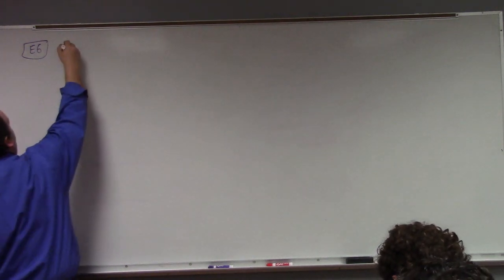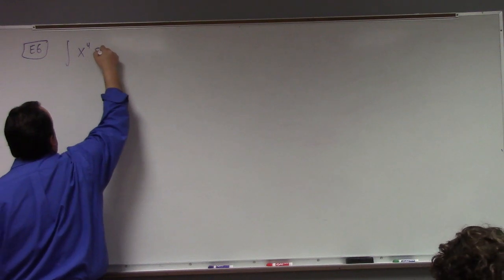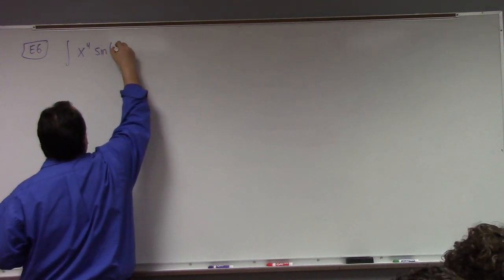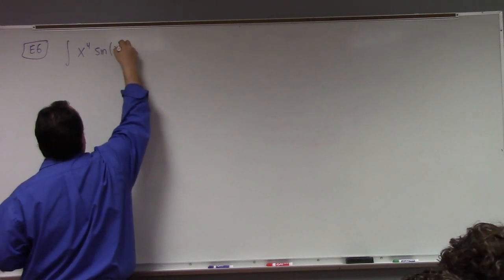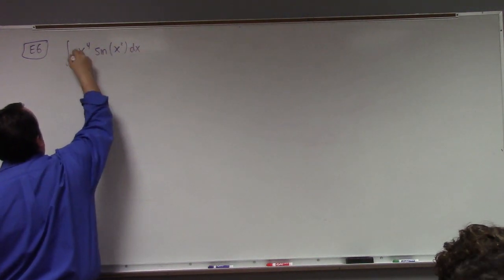Suppose you want to integrate x to the 4th times the sine of, I don't know, x squared, let's say, dx from 0 to 1.